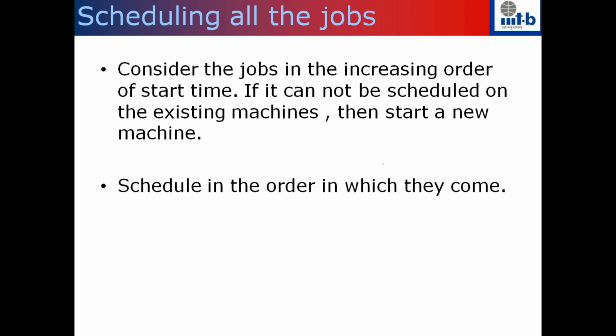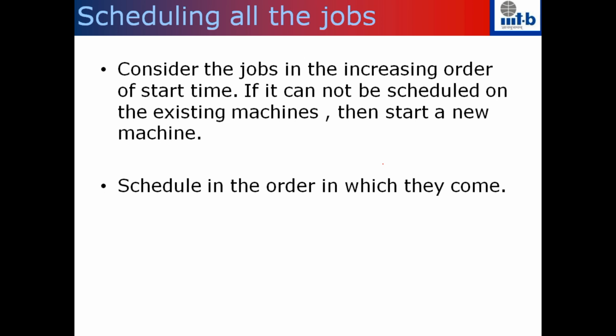So what is the algorithm? We are going to consider the jobs based on the starting time, in other words, sort the jobs in increasing order of starting time. Consider each job, and let's say the first job goes into the first machine, and at any point of time there are already m machines in use. When you consider the next job, if it can be scheduled on one of the machines, then you put it on that machine.